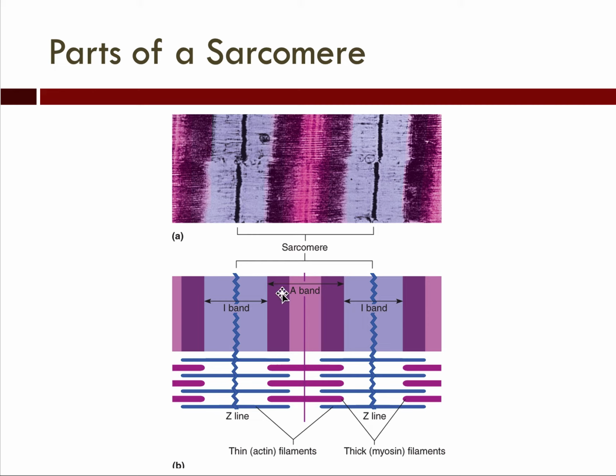As you can see here, this is going to be the darkest because it has overlapping actin and myosin, where in here, in the H zone, which is part of the A band, you only have myosin. Then here you have the I band. The I band is lighter, as you can see here, because it is just the thin actin filaments.